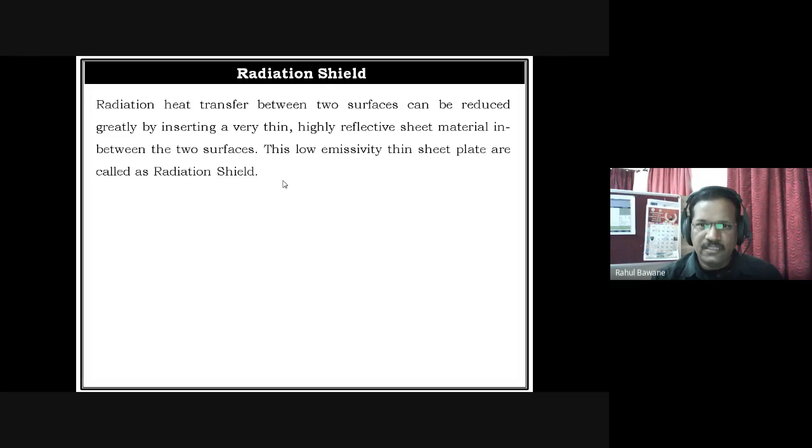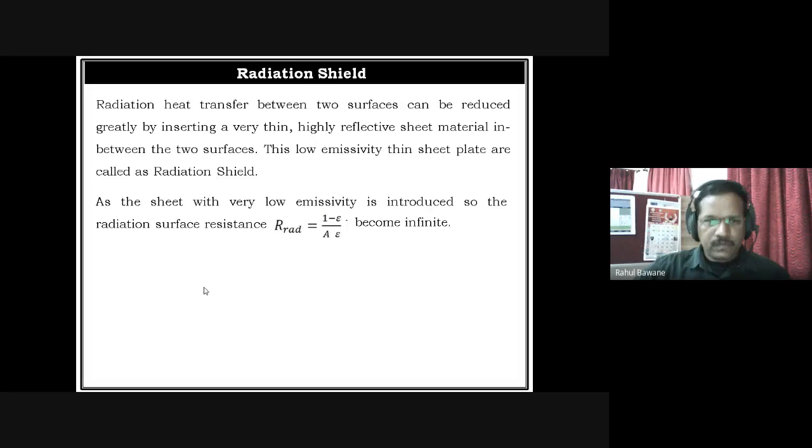We must have highly reflective sheets, so a maximum amount of radiation is reflected back, and it will not allow that radiation to pass to the second surface. Because of this, the total amount of radiation gets reduced by inserting such a shield.